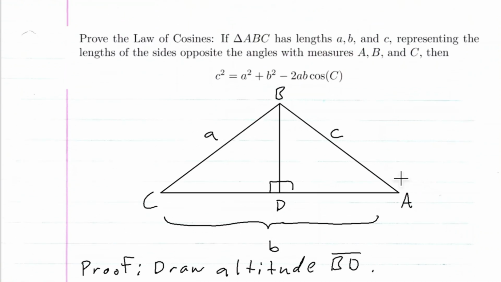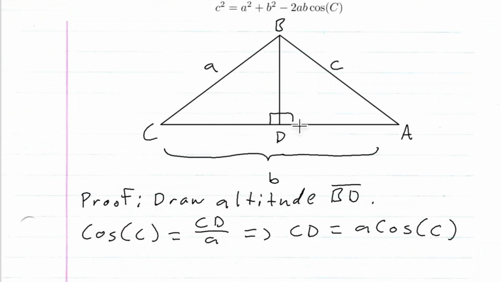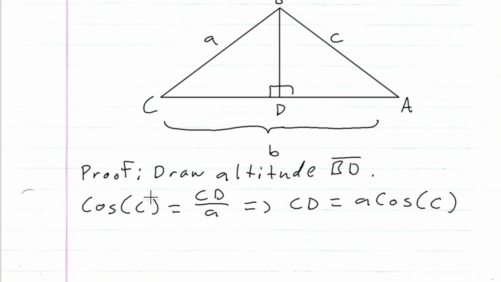Now, just like in the previous one, I'm interested in c squared, and I know using the Pythagorean theorem that c squared is equal to AD squared plus BD squared. So I'm not interested in CD, which is what I got using cosine of C. I'm actually interested in AD, but it's easy to find AD given that CD, right?